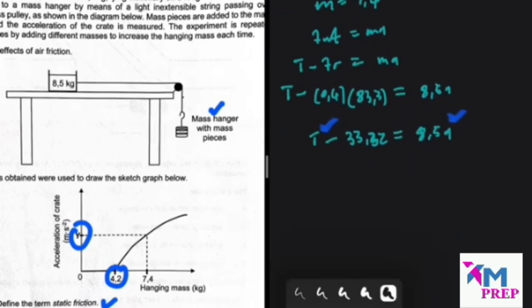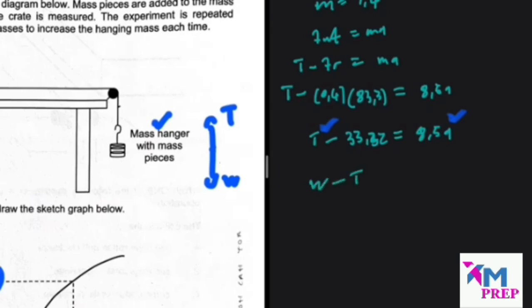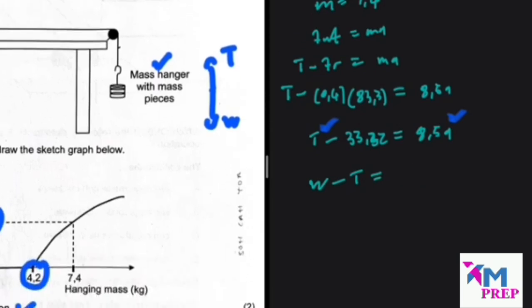So let's concentrate on the mass hanger. The free body diagram should be the weight and the tension, right? So why is it going down? It is going down because of the weight. So weight minus tension is equal to, not 8.5a, but the mass of the hanger, which is 7.4a.